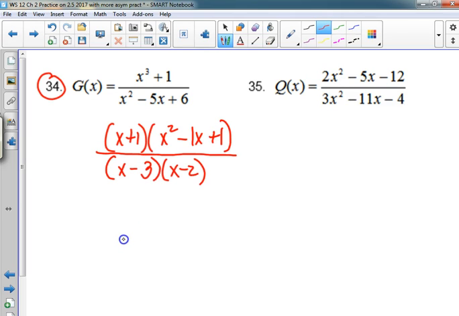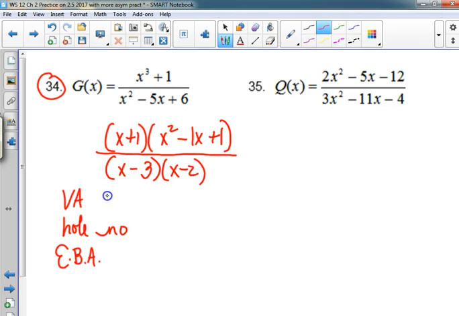Any holes? No. What are the directions they were supposed to be doing here? The vertical, horizontal, okay. I invented a new acronym. Okay. We have the end behavior asymptote, whatever it is. Does that sound okay? So there's no holes.